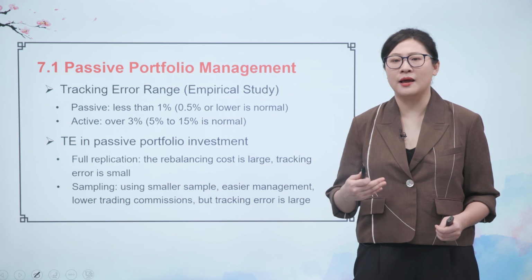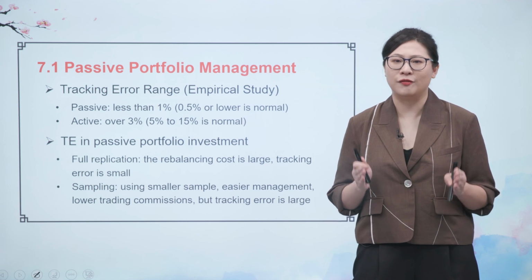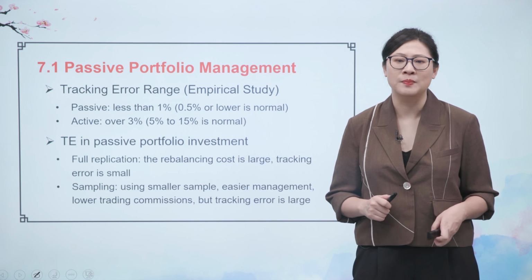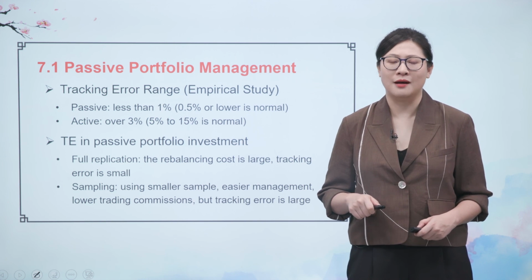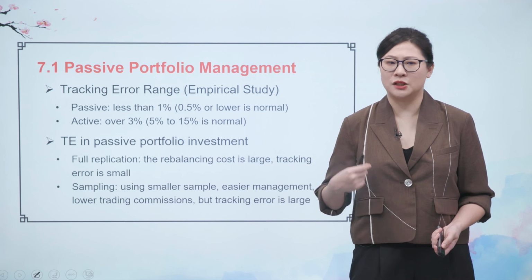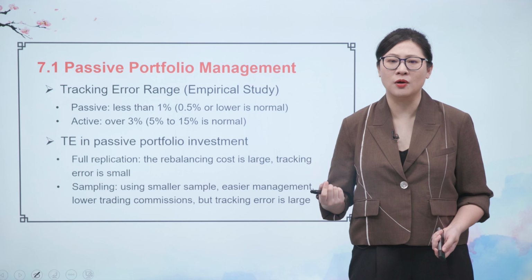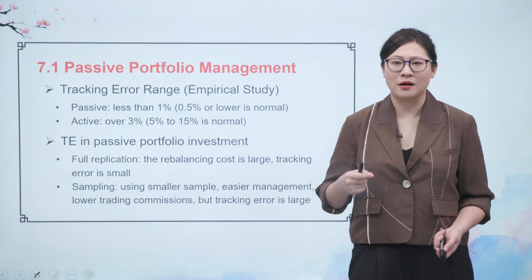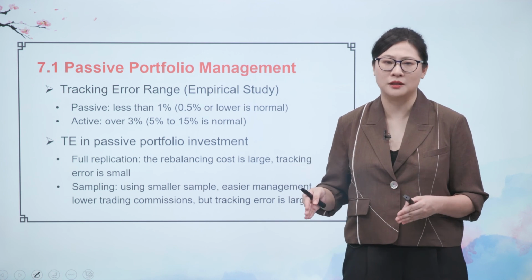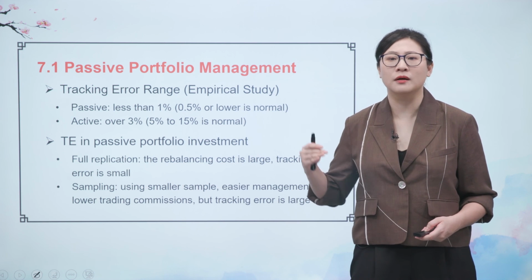But the tracking error is large because you want to mimic these 500 stocks, but you only choose 100 stocks in your portfolio. So the tracking error is large. So generally speaking, constructing your passive portfolio based on minimized tracking error is definitely an art. You need to balance the benefit and the cost for the tracking error, doing full replication or sampling.